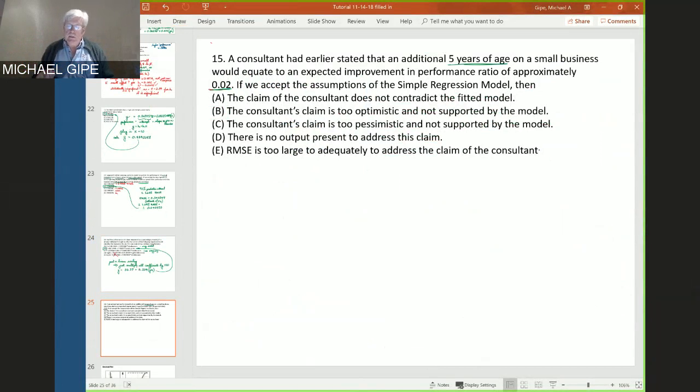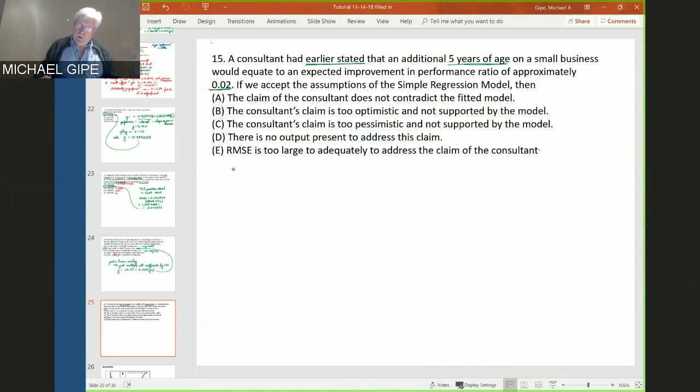The model's good, but the consultant had earlier stated, before we did the model, that if you add 5 years, you would improve the performance ratio by 0.02. Is that correct or not?